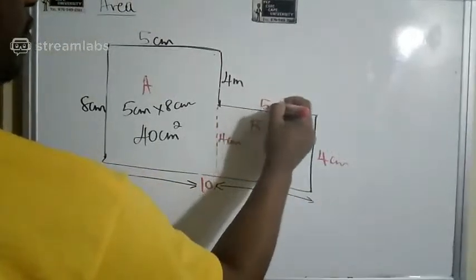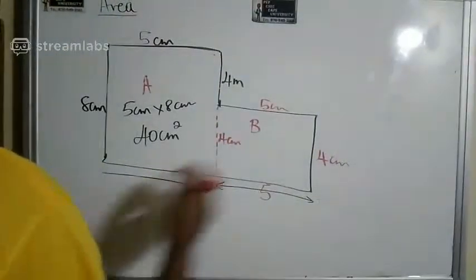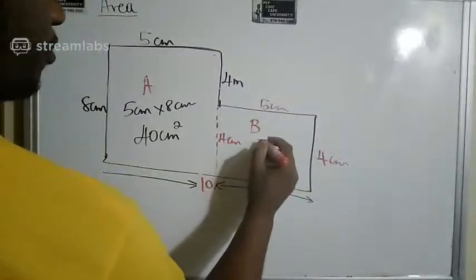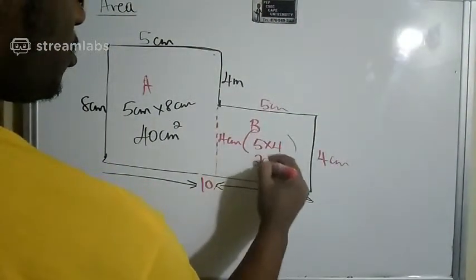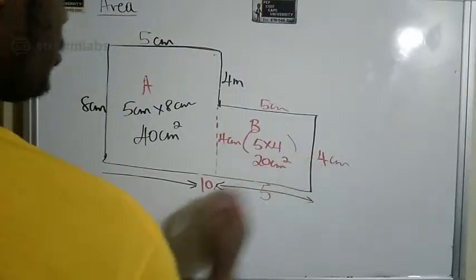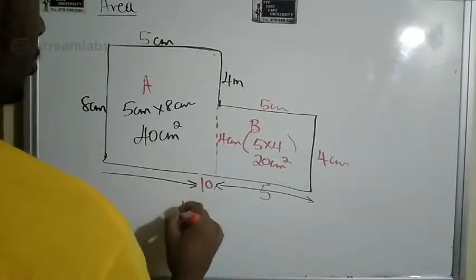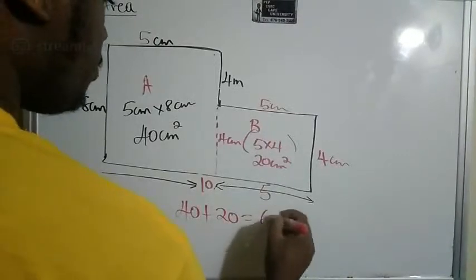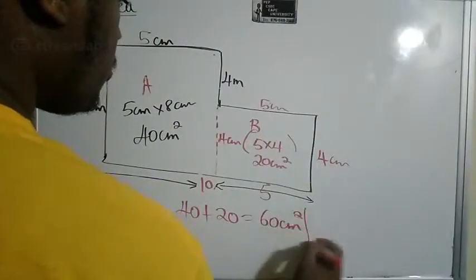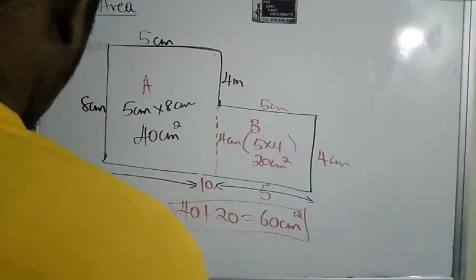And this is 5. So it would be 5 by 4, which is 20 centimeters square. So we'll add 40 plus 20, which gives us 60 centimeters square, and that is the area.